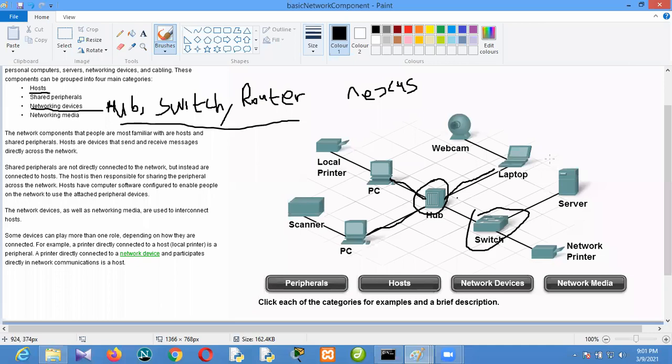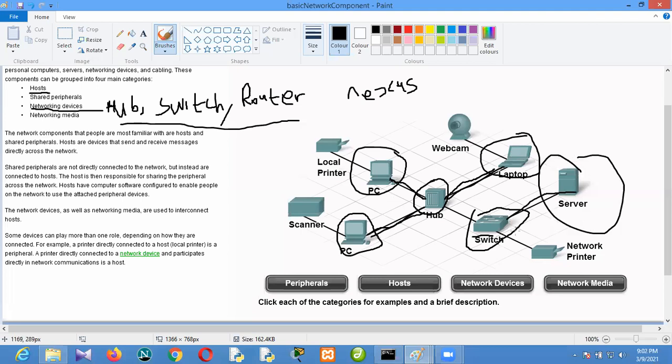So when you look at this diagram, this PC is a host because it's directly connected to the hub. This laptop is a host because it's directly connected to the hub. This one is a switch, a network device, and it's directly connected to a server. So this server is a host. It's directly connected to a printer here, so this printer is a host. Do you get it?